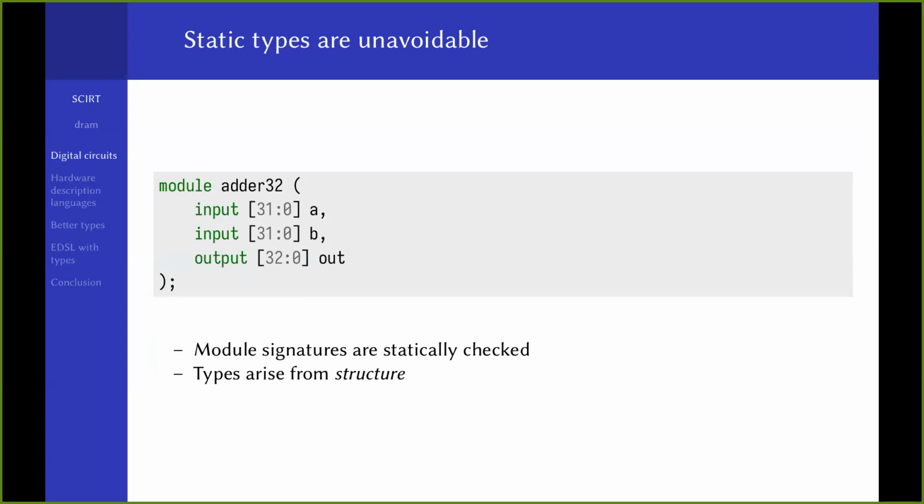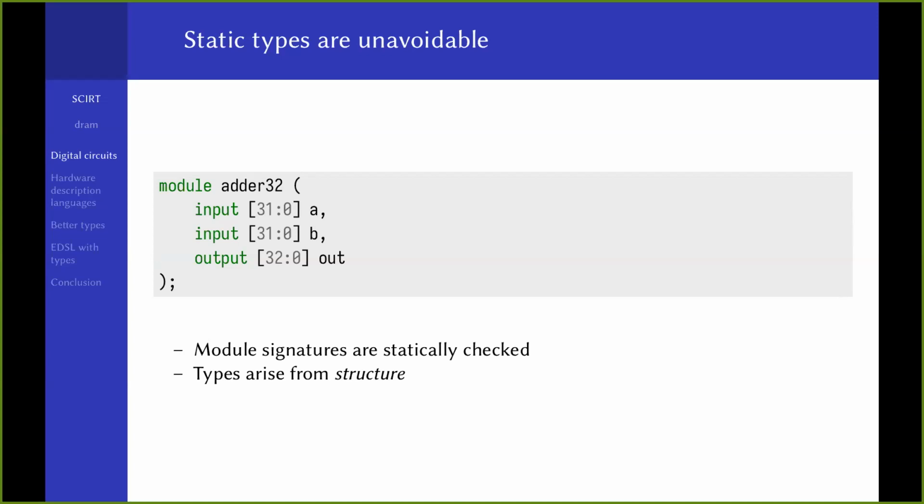But even at this stage, static types are in general unavoidable. For example, the next level of digital design is usually some sort of module, and we're going to put different circuit elements into a module, like this 32-bit adder that takes two 32-bit inputs and gives us a 33-bit output.